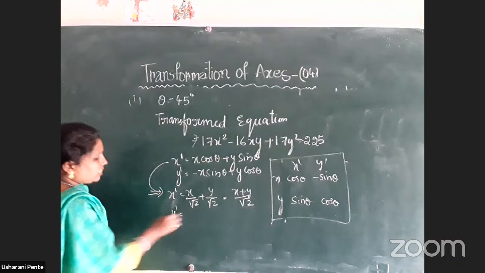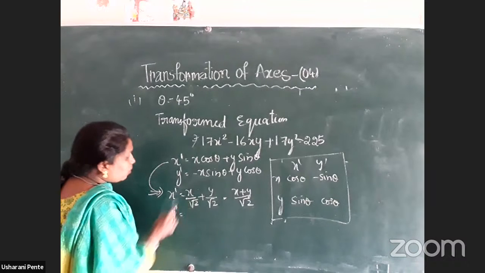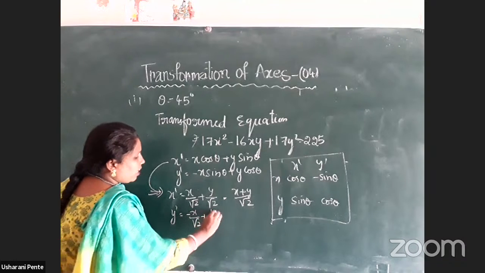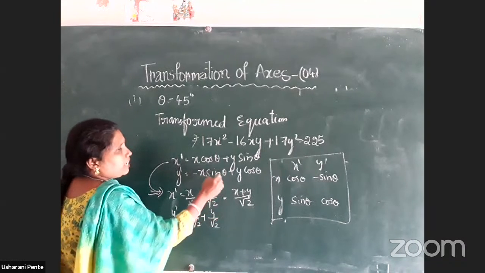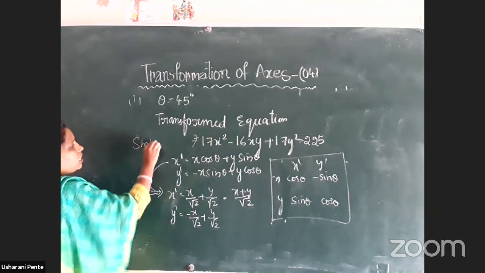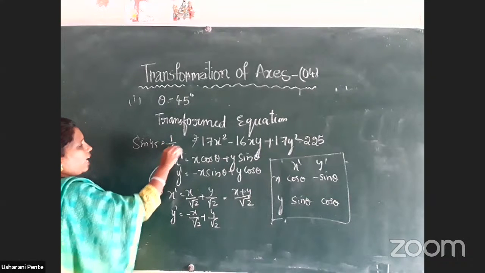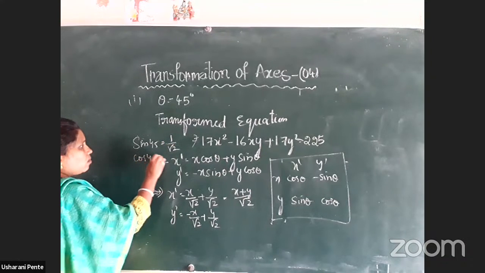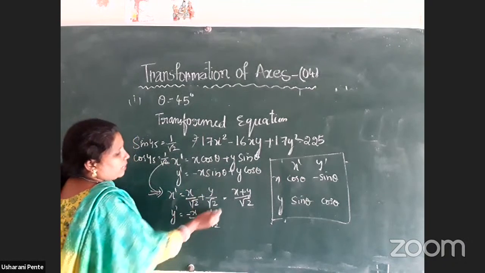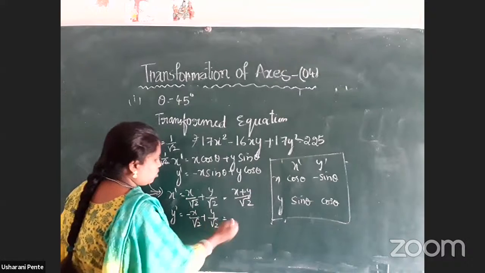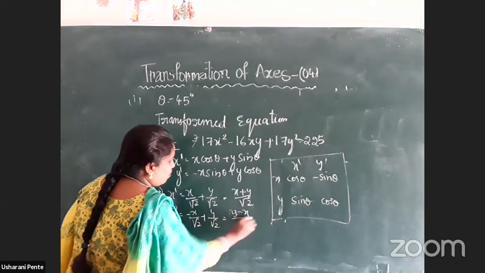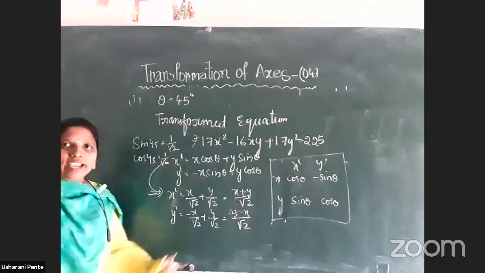In a similar manner, y dash is equal to minus x by root 2 plus y by root 2, substituting 45 in place of theta. We know that sin 45 is 1 by root 2, and cos 45 is also 1 by root 2. Therefore y dash is equal to y minus x by root 2.